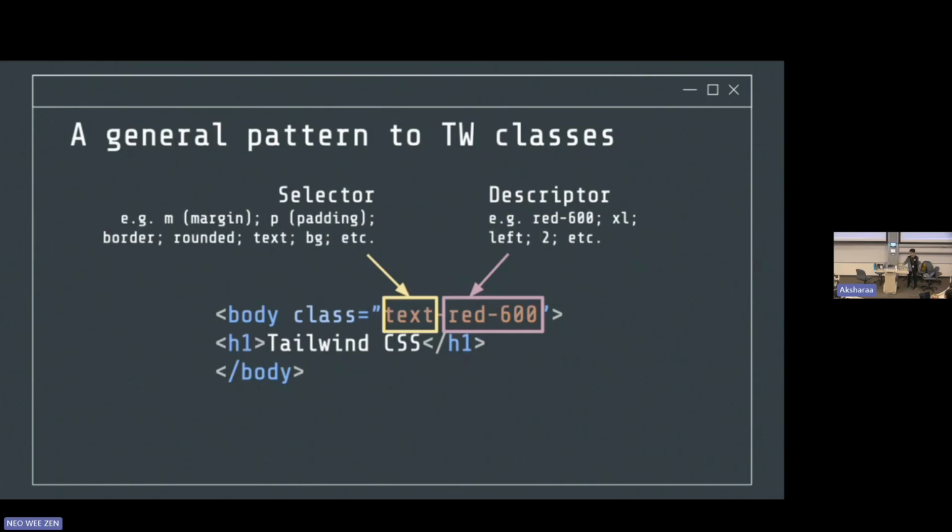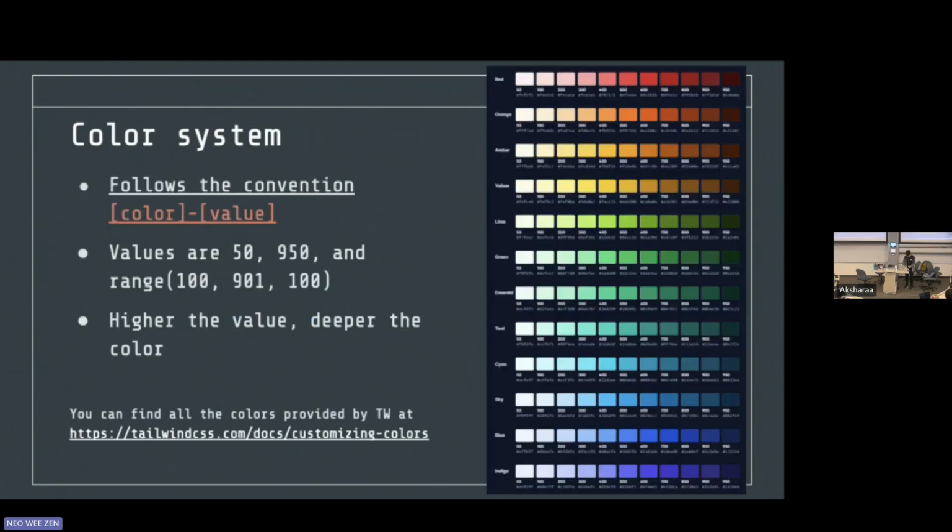Like, do you want it to be red? Do you want it to be very big? Do you want it to be aligned to the left, etc.? So just to reiterate, you have the selector, which selects which part you want to change, and the descriptor, which describes how you want to change it. Now, can somebody repeat what I just said? Somebody, just shout it out. Repeat what I just said. Yeah, that. Okay.